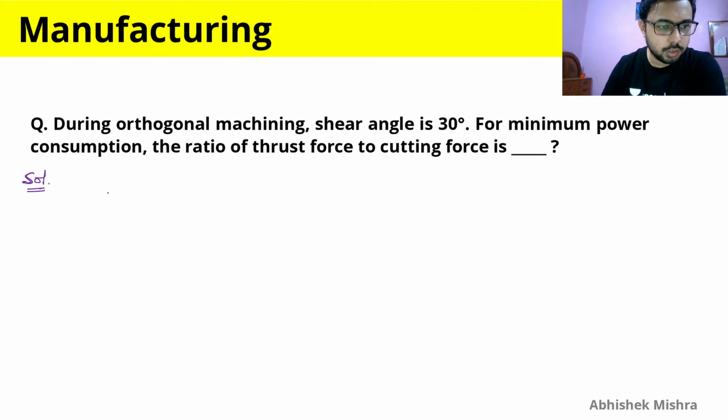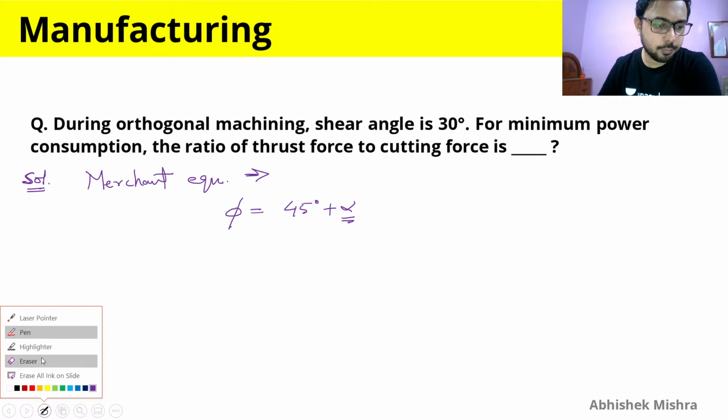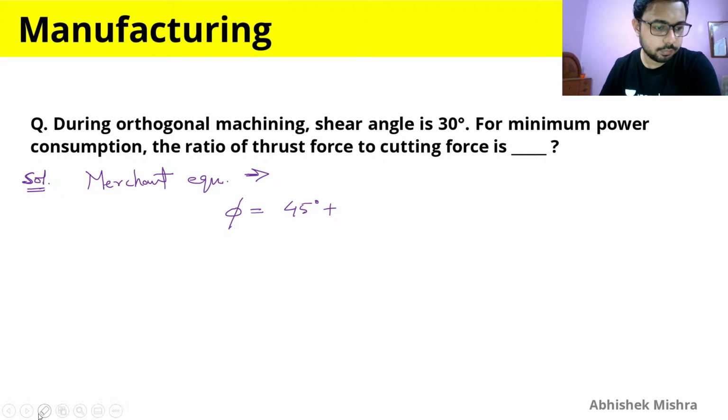So the merchant equation theory will give phi is equal to 45 degrees plus alpha by 2, that is plus half of the rake angle, minus beta by 2.